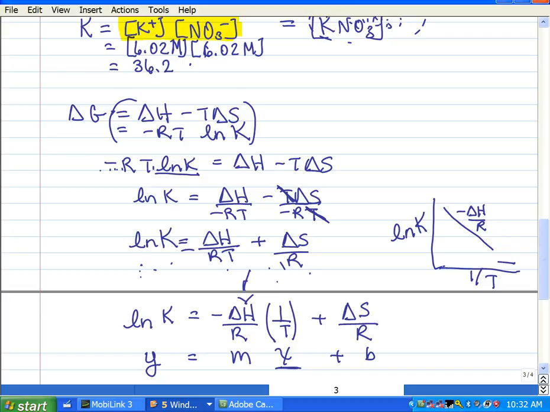So to calculate delta H, we're going to say R times the slope. We're just going to rearrange that equation. So if you want to find delta H, it's going to be the negative of this product.